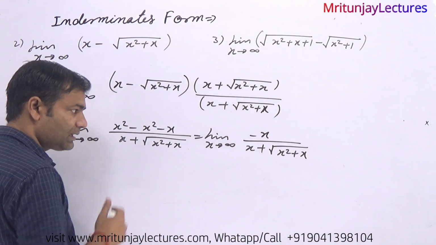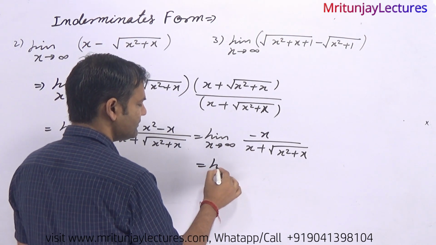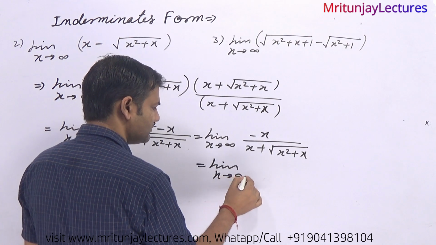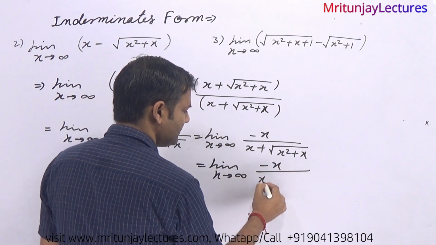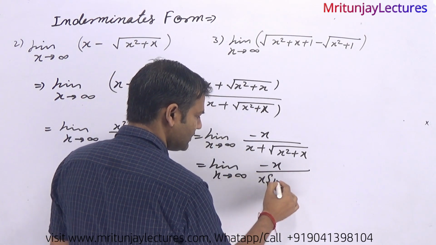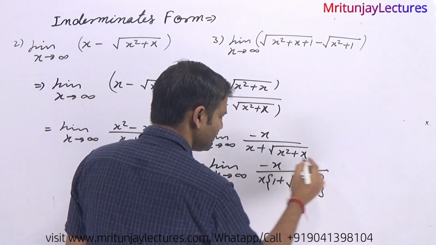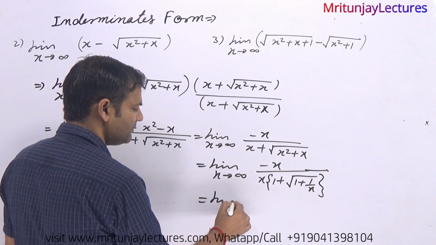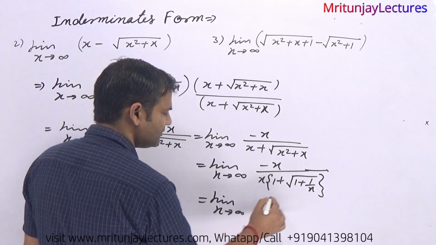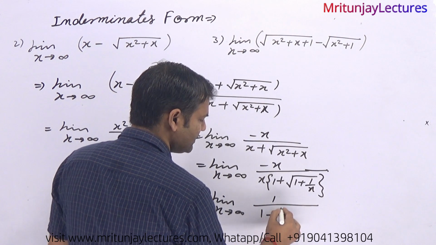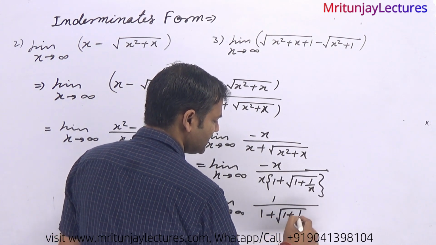Okay, clear or not? If we take x common, then we get 1 plus under root of 1 plus 1 by x. After that, limit x tends to infinity, we get minus 1 divided by 1 plus under root of 1 plus 1 by x.